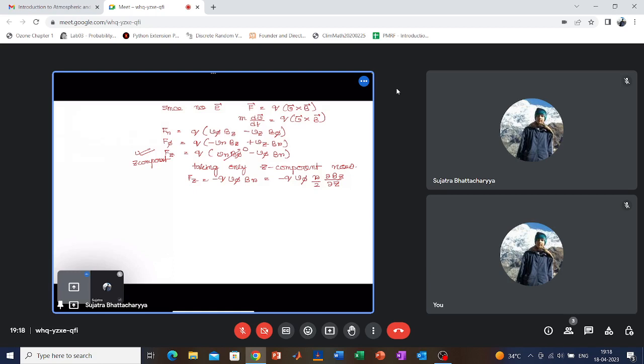Okay. So now what we will do is that, this will be dvz by dt, which will be equal to minus q v phi by 2m r delta bz by delta z.